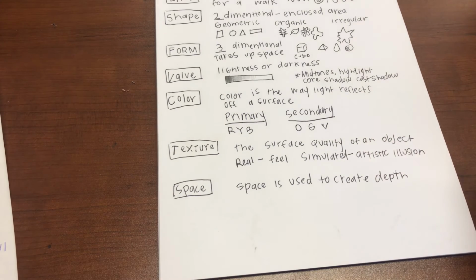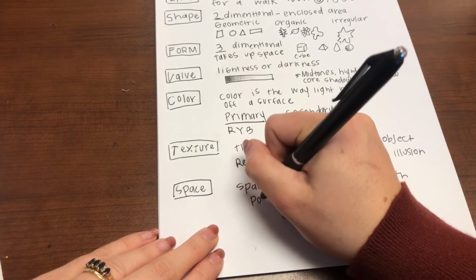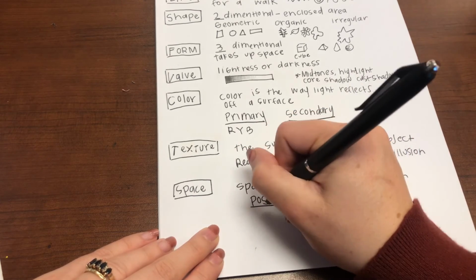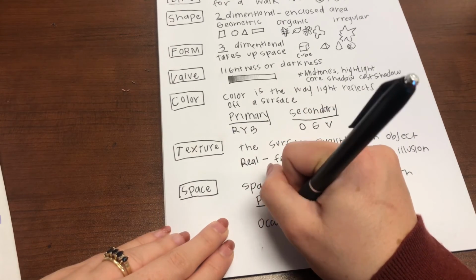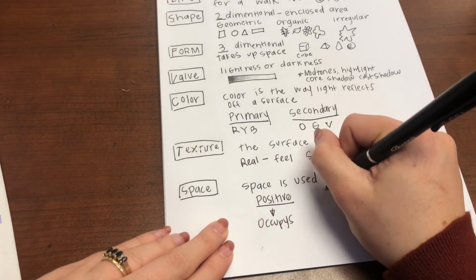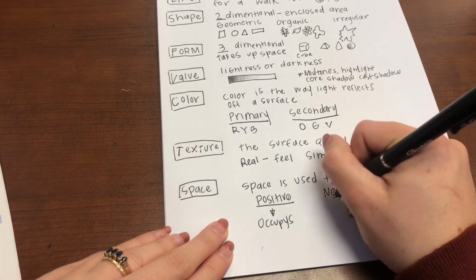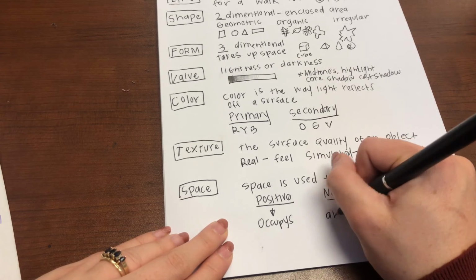It's used to create depth in an artwork, and it also has positive and negative space. Positive space occupies space, and negative space is the absence of space. So there's nothing there.